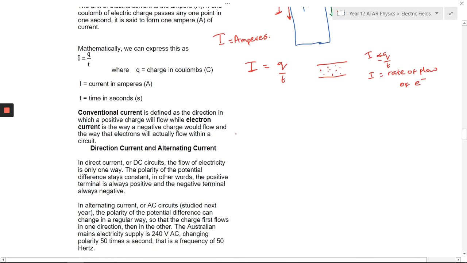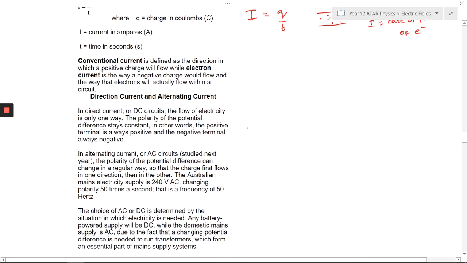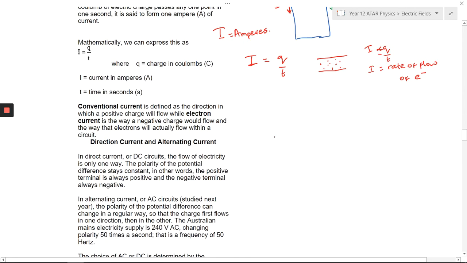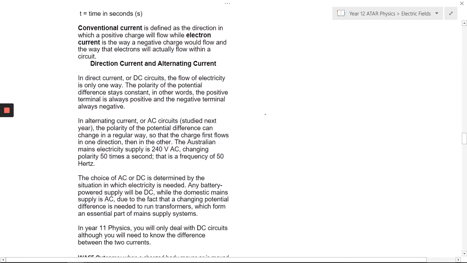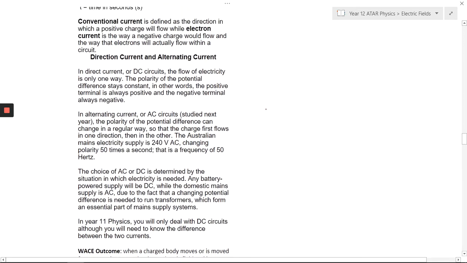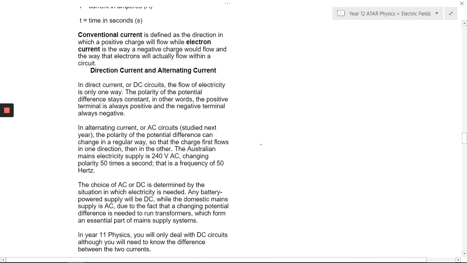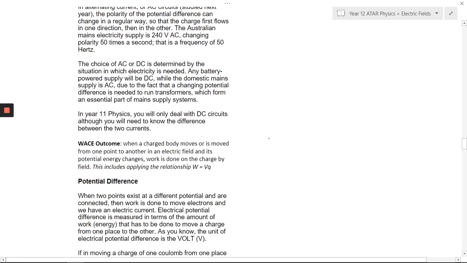All right, so that covers the conventional current side. There are two types of current, which are direct current and alternating current. We'll talk about that later. I won't go into that today.